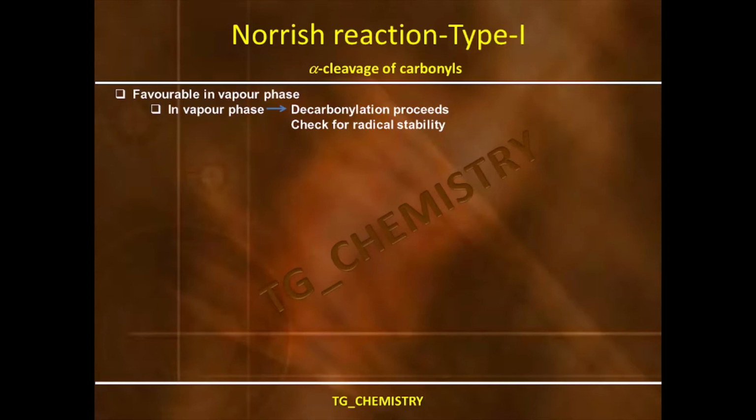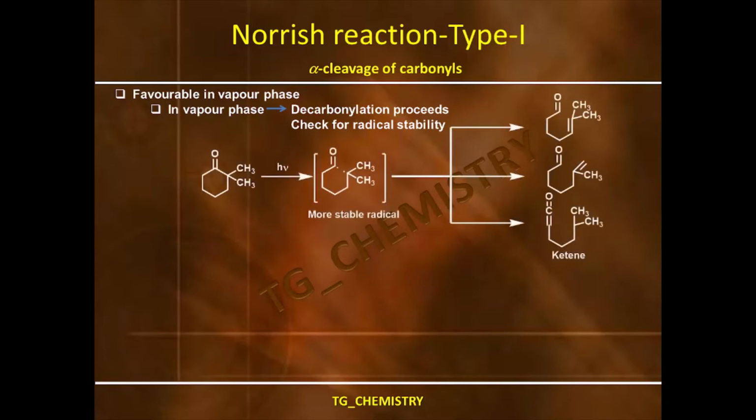So now we will learn some examples of the Norrish reaction of type 1. To start with the first example, we have a cyclohexanone compound whose alpha position has two methyl substitutions.